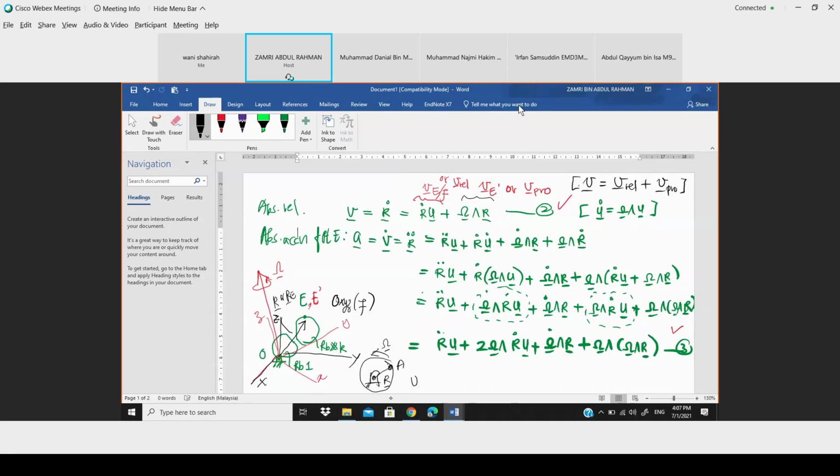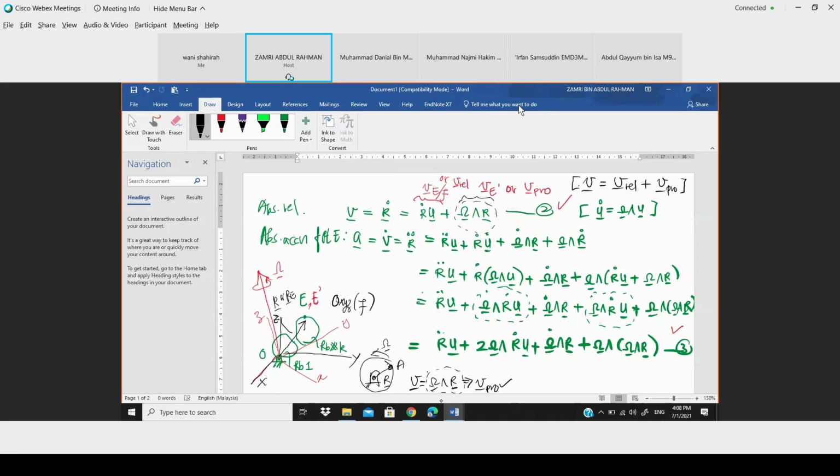The velocity of point A is simply given by omega cross R, which is pure rotation, isn't it? So that is why I use the word V pro here, pure rotation. When you look at the expression omega cross R, it is the same term that you have here. So that is why I use the term V pure rotation, or in short V pro.